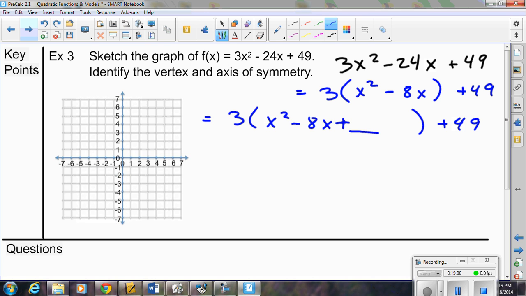If you don't remember how to complete the square, you may want to leave this video, find another one, and just do some research on YouTube, completing the square. The component that we need to do: take the middle term, cut it in half. That's -4. Take -4 and square it. That gives us +16.